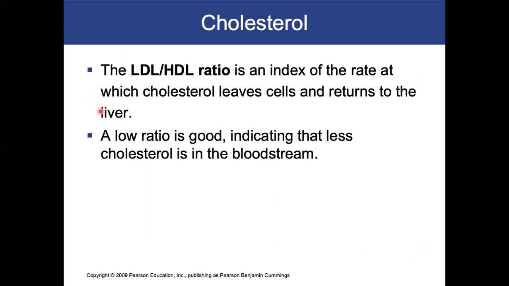A low ratio is good, meaning there's less cholesterol in the bloodstream. When they do blood labs, and you should be having your blood drawn on a regular basis, you know your normal baseline values. This is the bad cholesterol, this is the good cholesterol. You want a lower number because it tells you there's less bad cholesterol and more good cholesterol.